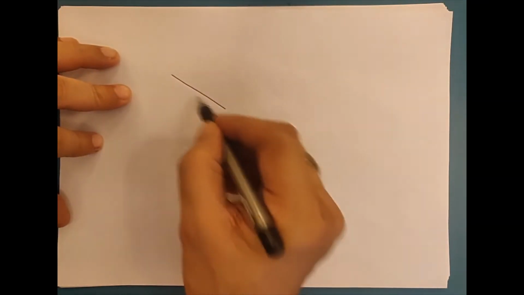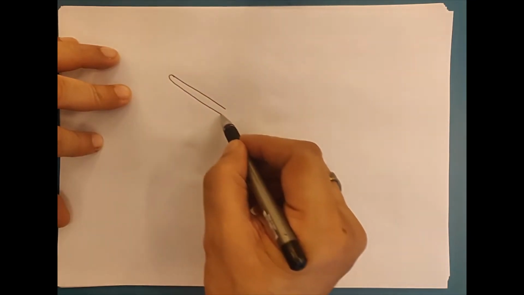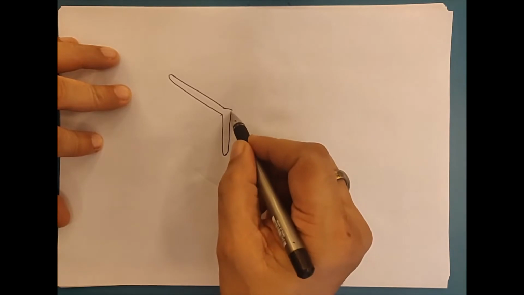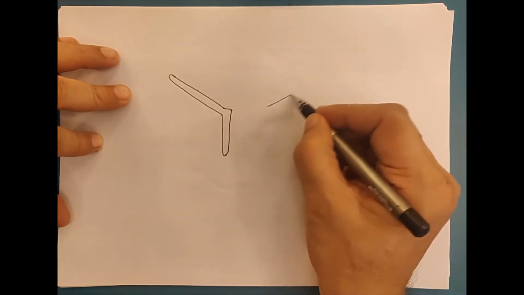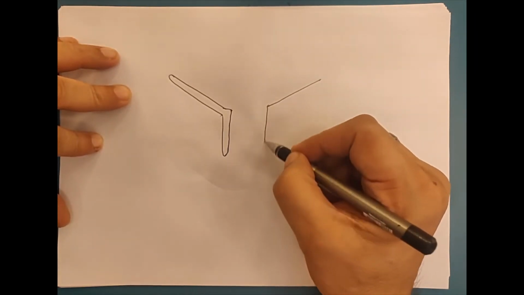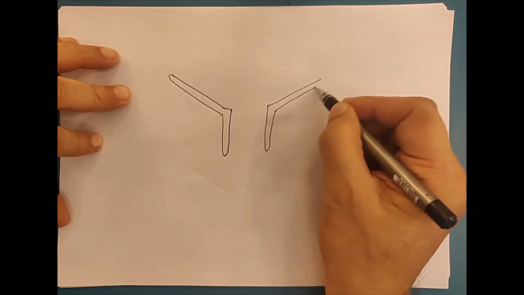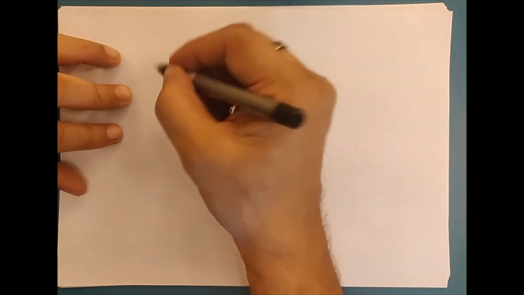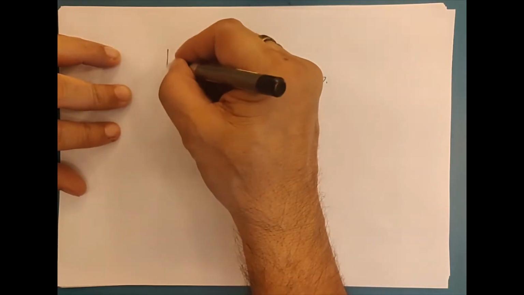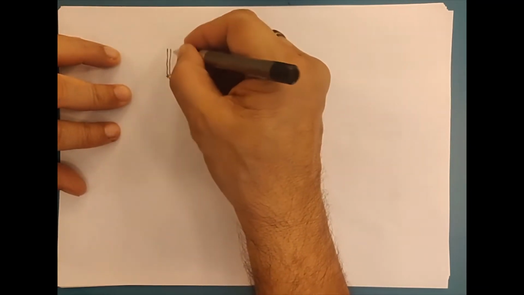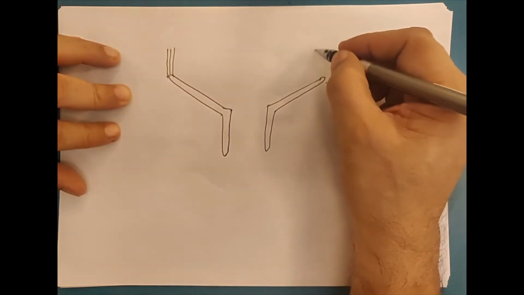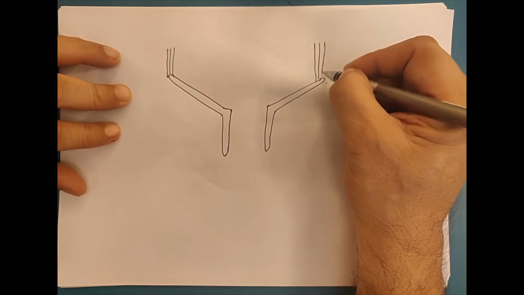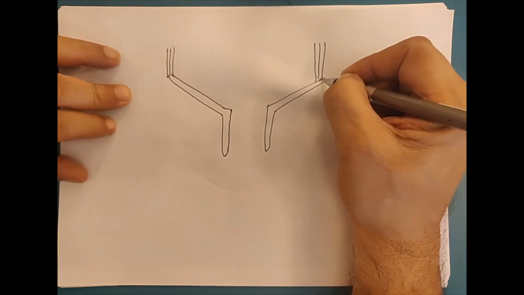This time we'll make the pelvis like a basin shaped cavity. It's a basin shaped cavity. And this basin shaped cavity is suspended by three muscles: transversus abdominis, internal oblique and external oblique.